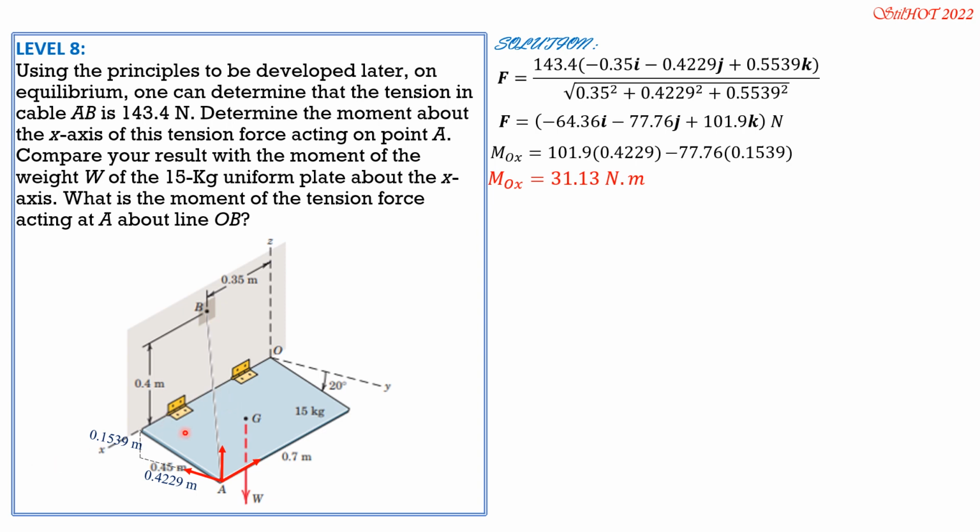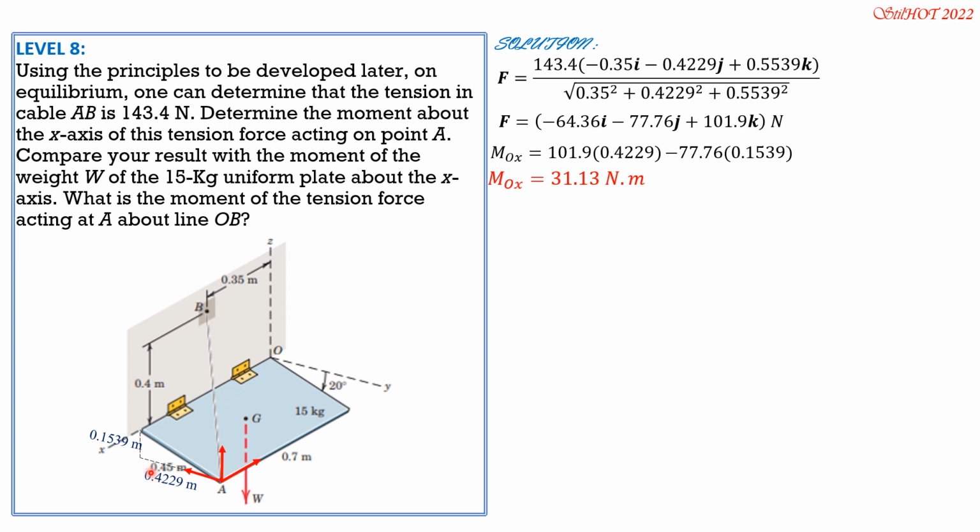Now how about the moment of the weight? This is OX, the positive sense is in that direction, then the moment of the weight is in the opposite direction. So it is negative. It should be expected to be the negative of this value, but because we round off distances, they are just almost equal but opposite in sense. So it is negative weight, 15 kilograms times 9.81 newtons per kilogram.